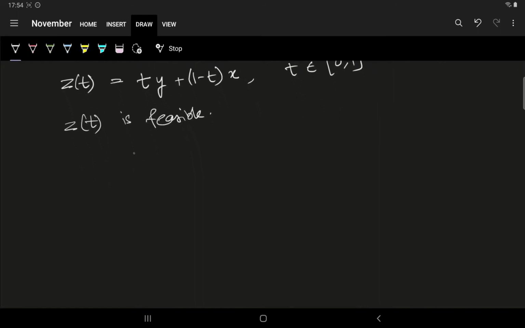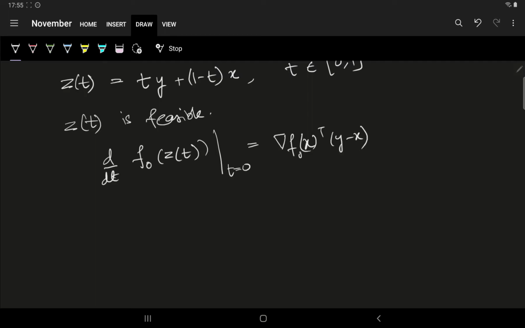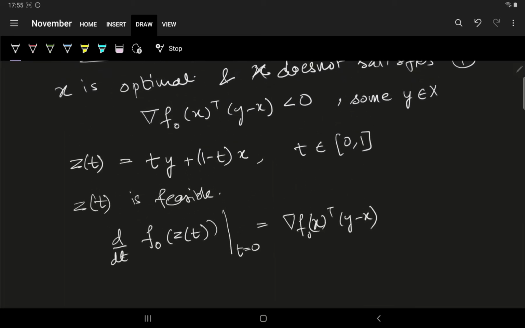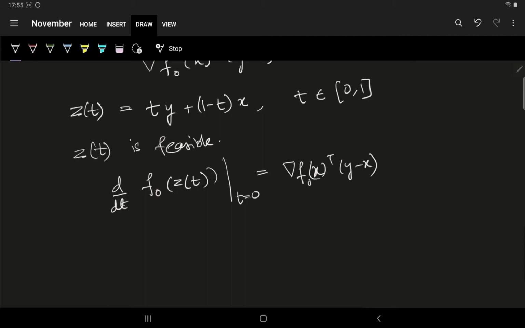And now we take the derivative with respect to t of f naught of z of t at t equal to 0, and this is equal to del of f naught of x into y minus x, which we have said is less than 0.